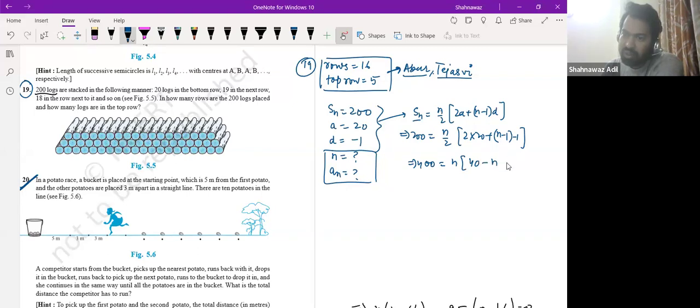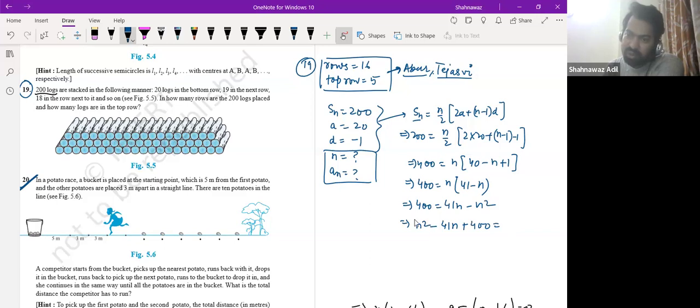This is n, and this is 41 minus n. This becomes 41n minus n square. Then we take all these things to the left-hand side. So this is n square minus 41n plus 400 equal to 0.